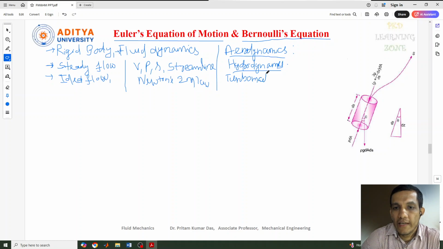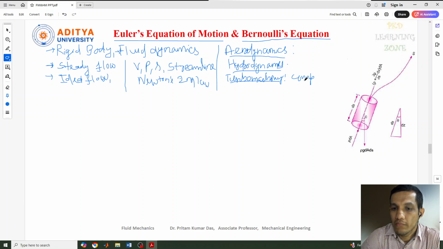In turbo machinery we can apply Euler's equation of motion to do the design and analysis of components, such as a turbine or any kind of compressor.